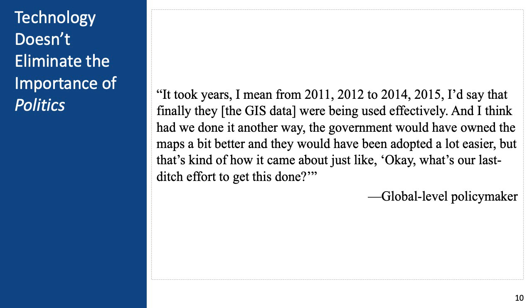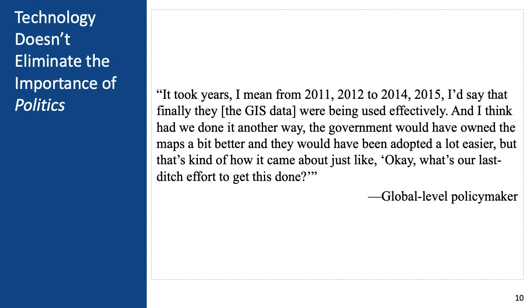So in this slide, we'll be talking about how technology doesn't eliminate the importance of politics. We have a quotation from a global level policymaker, and it says, "It took years. I mean, from 2011, 2012 to 2014, 15, I'd say that finally the GIS data were being used effectively.